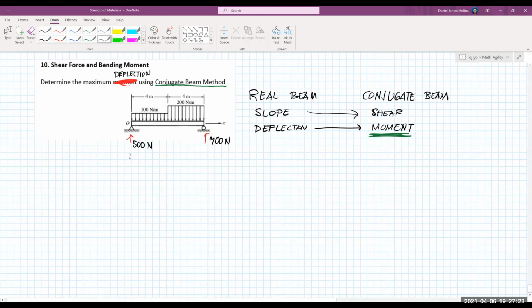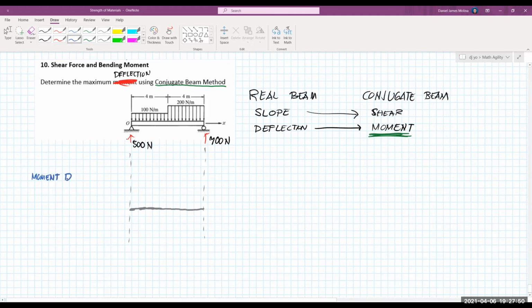So let's draw first the moment diagram of the real beam. But based on our problem a while ago, drawing our moment diagram is complicated. So what we will need to do is draw the moment diagram by parts.